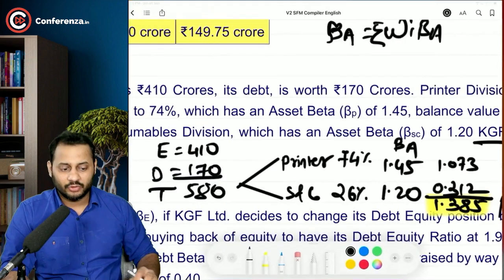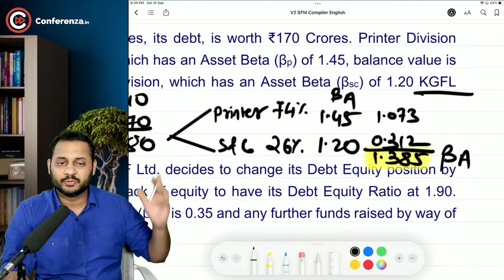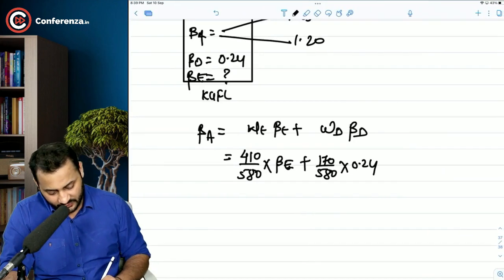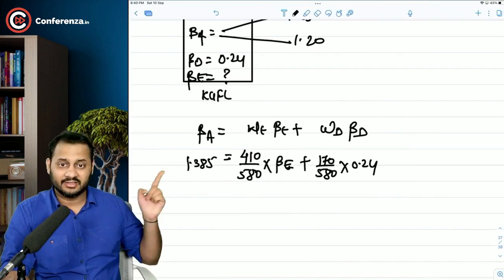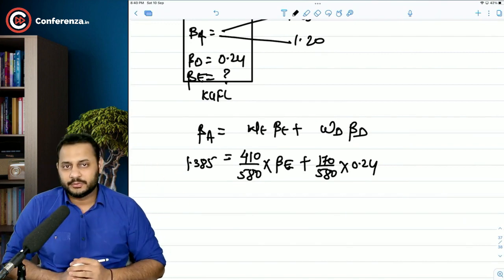Beta of asset has already been calculated by us as the weighted average of the printer division and spares and consumable, that's 1.385. Now try to understand, this asset beta is the weighted average of both.